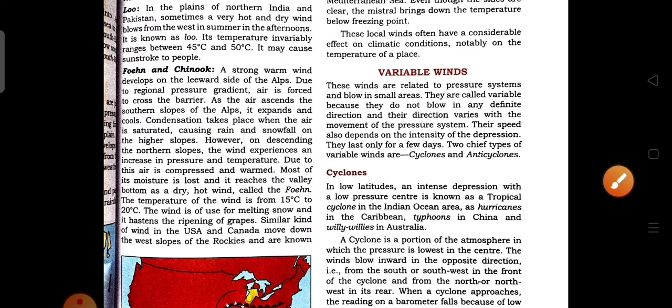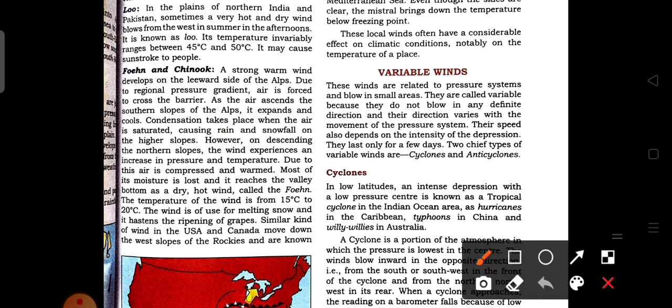The temperature of the wind varies from 15 degrees Celsius to 20 degrees Celsius. The wind is used for melting snow, and it helps in ripening the grapes. So it is useful for that region for melting the snow and ripening of the grapes.